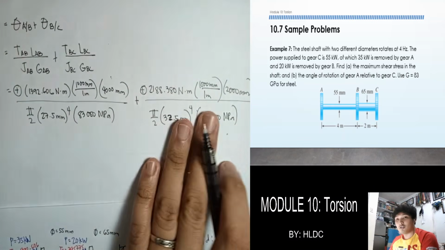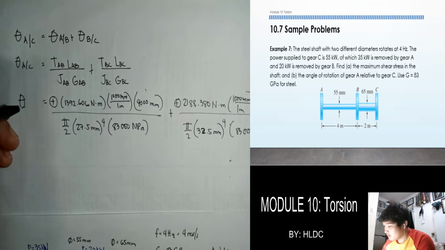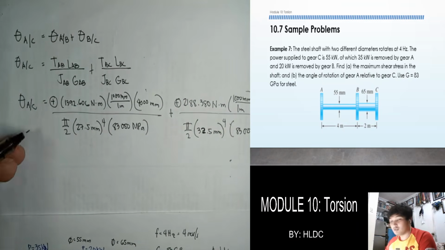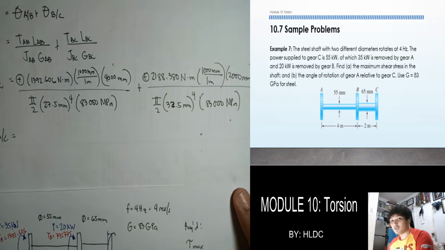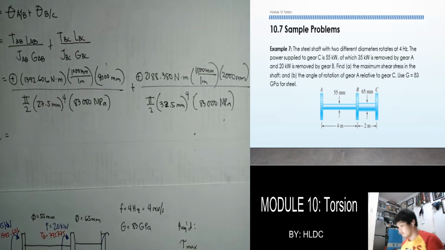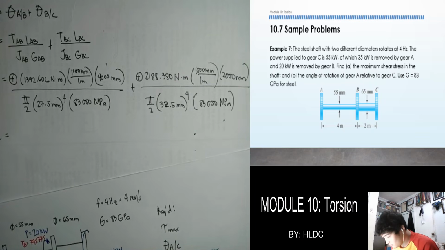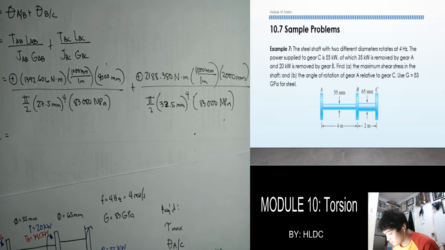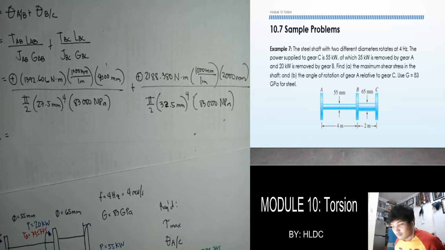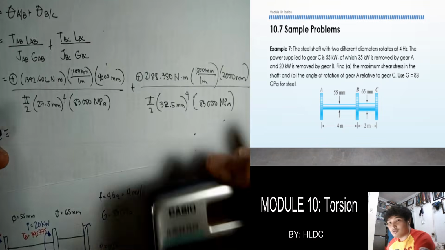Okay, so using this equation, masolve na natin yung equivalent angle of twist ng A relative to C. So, ilan to? In radians pa lang yan, class. So, paki-pindot. So, lumabas is, sa calcio ko, so pakiingat lang sa pagpindot.